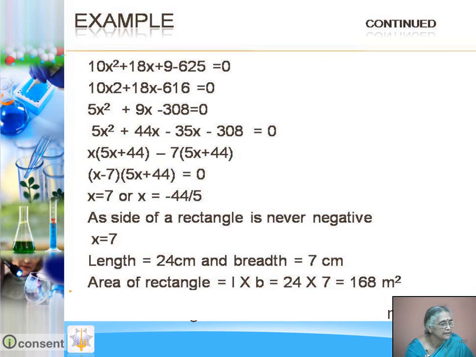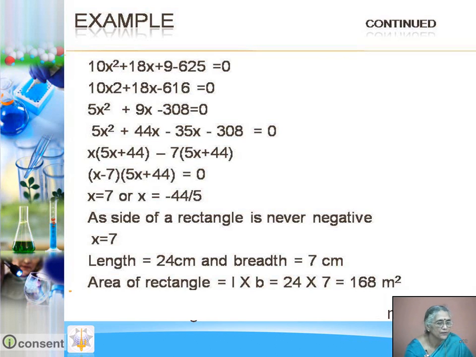Simplify this, you can write 5x square plus 9x minus 308 is equal to 0. Now you want product as 308 into 5x square and addition of two terms is 9x. That means we are going to split middle term 9x.